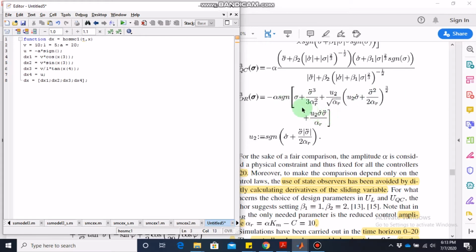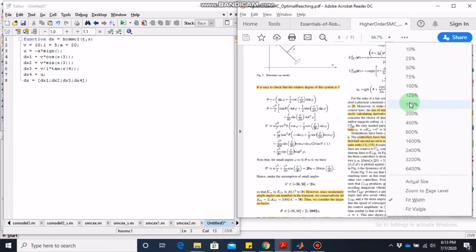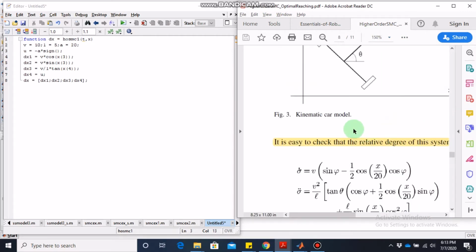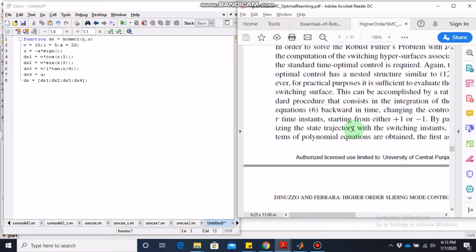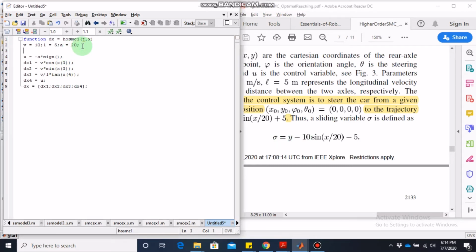So first of all, there is a sliding surface involved in the paper. So let me just minimize this and make it a little bit larger, maybe 150 percent. So this is our sliding surface that the authors have defined in their paper. The sliding surface sigma, we call it S in our code.